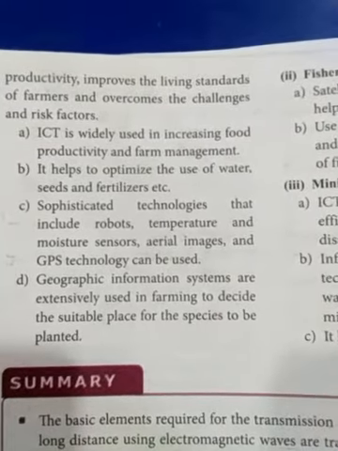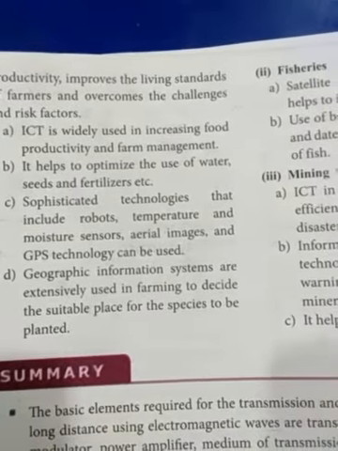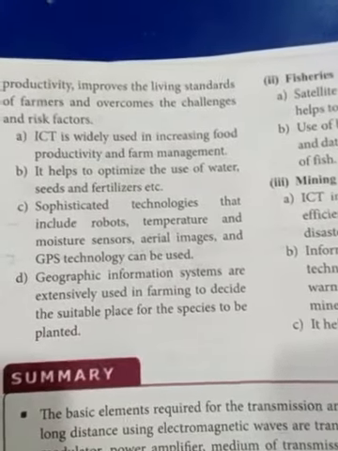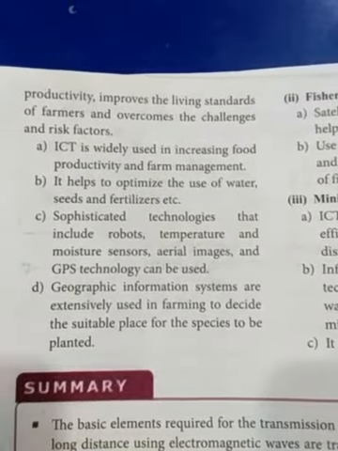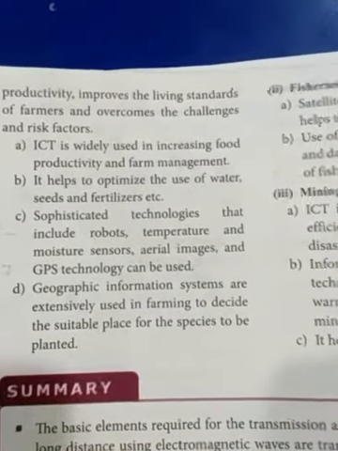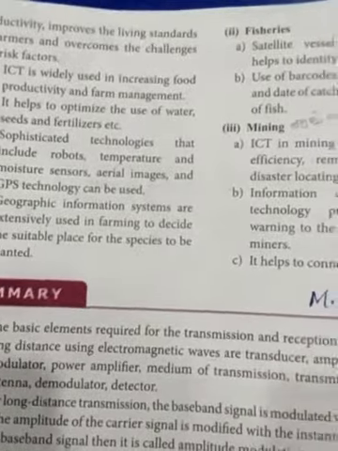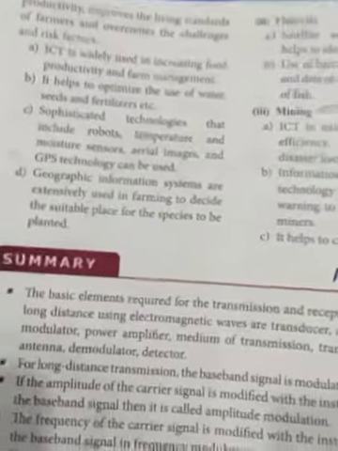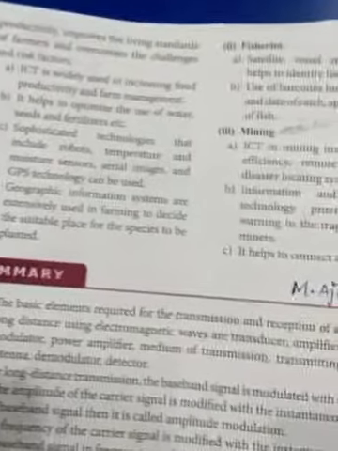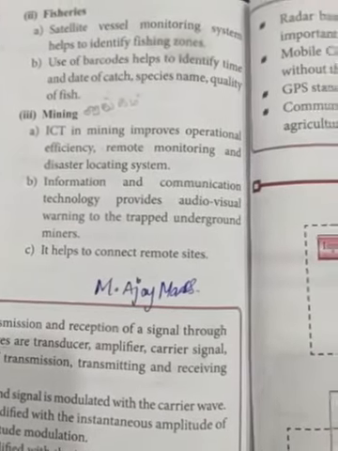It helps to optimize the use of water, seeds and fertilizer, etc. Sophisticated technologies including robots, temperature and moisture sensors, aerial images and GPS technology can be used. Geographic information systems are extensively used in farming to decide the suitable place for species to be planted.